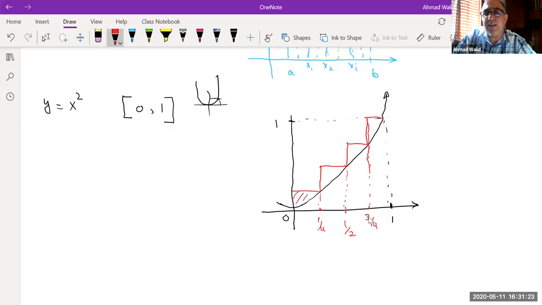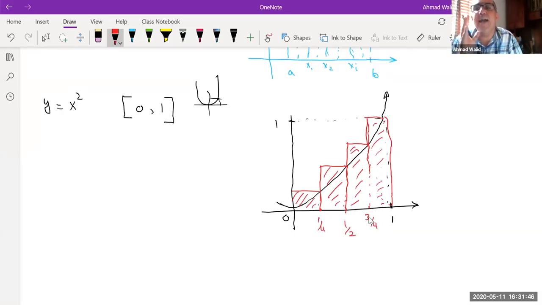Because I want to calculate the area of this rectangle plus this rectangle plus this rectangle plus this rectangle. Question up to this step: they said use 4 rectangles.